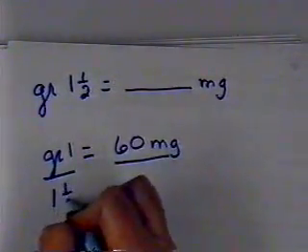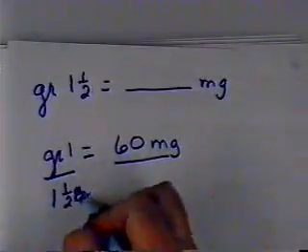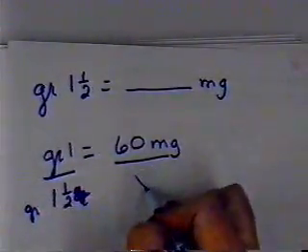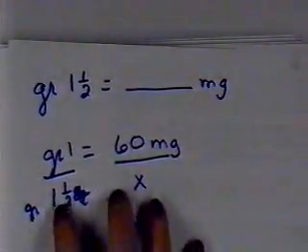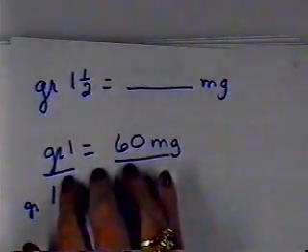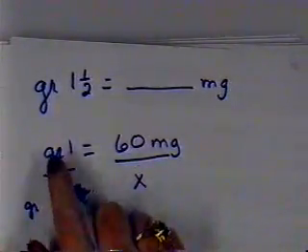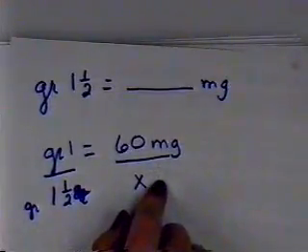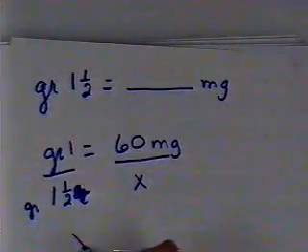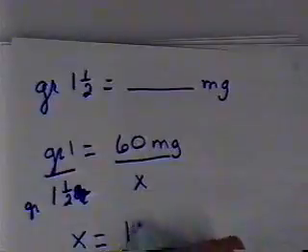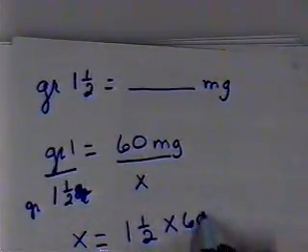So I have 1 1/2 grain is X. If you keep the label, write down what you know from the table, keep the label, you'll know whether 1 1/2 goes here or here. So X is 1 1/2 times 60.